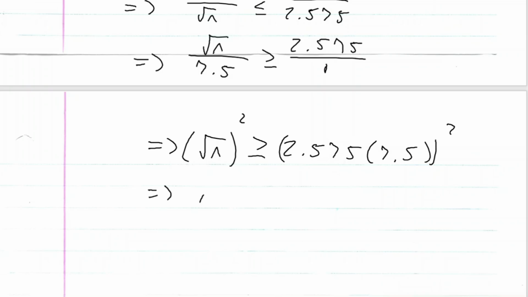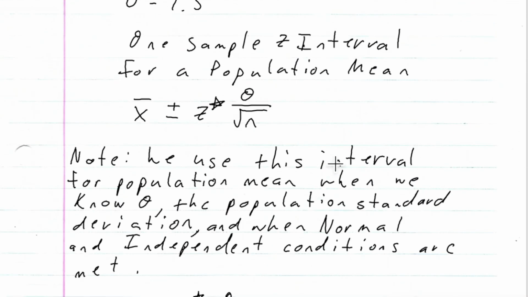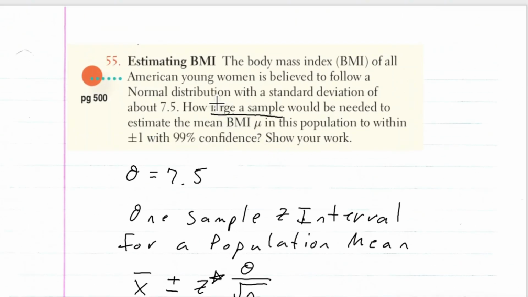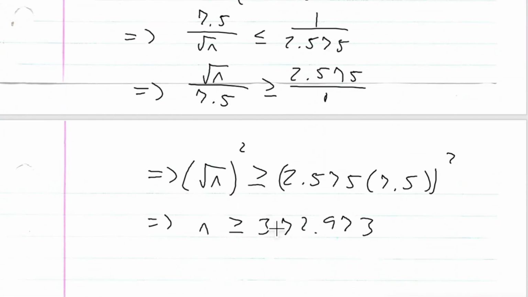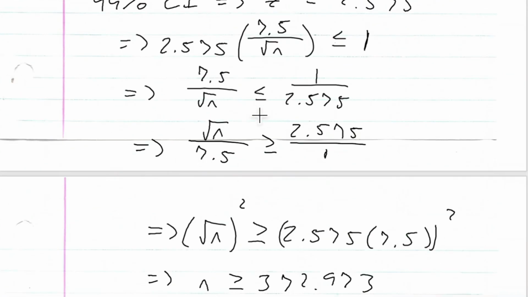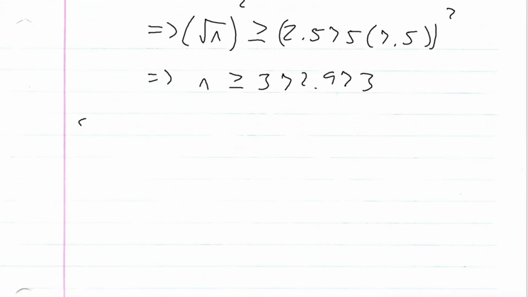To get n must be bigger than or equal to, and if you plug this in the calculator, you would get this to be 372.973. So we should take a sample of at least 373 women, right? So take a sample of 373 women.